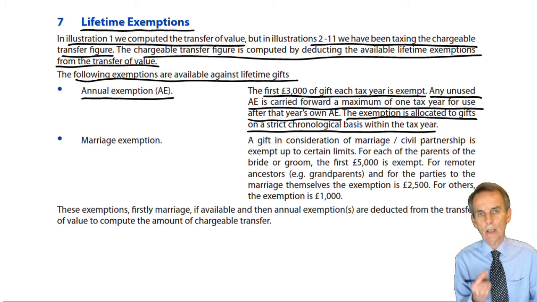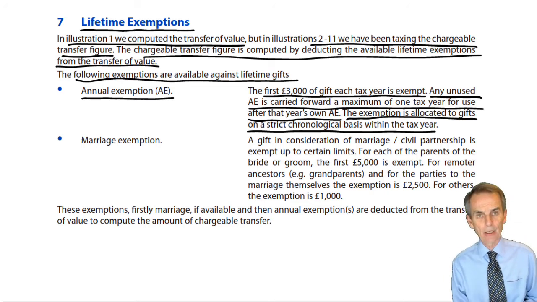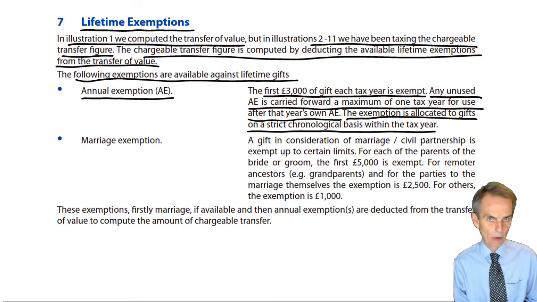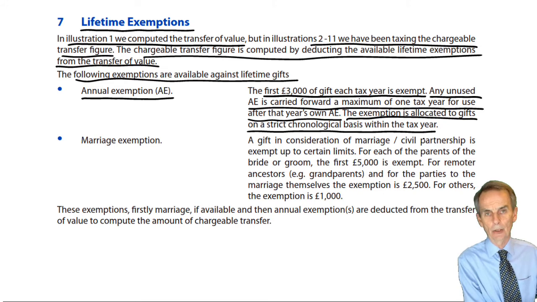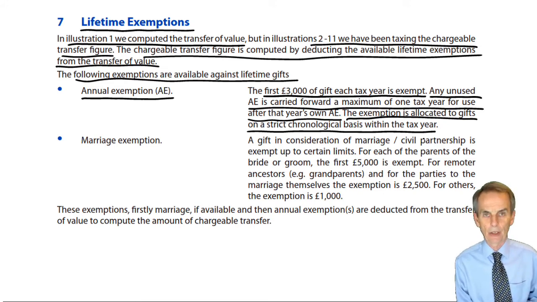So in 21-22, for the first lifetime transfer that comes along in that tax year, we have available both the annual exemption of that year, and also the unused annual exemption, in my example £1,000, from the previous tax year.